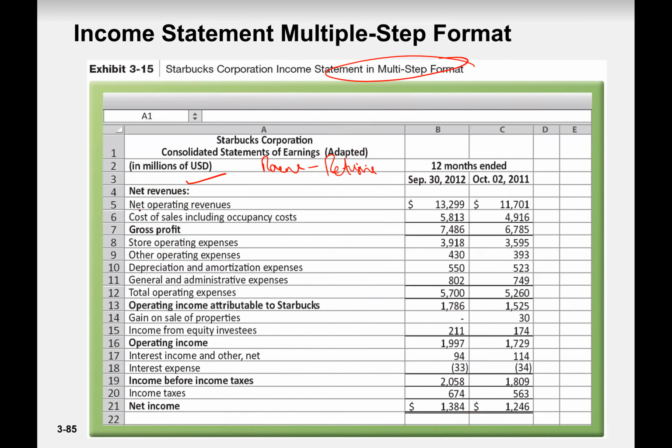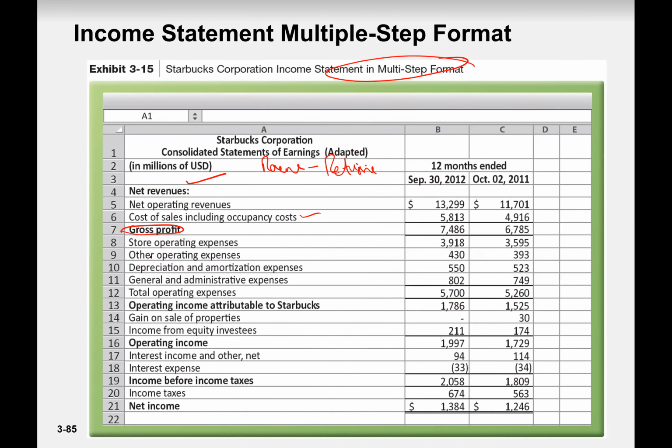Net revenue minus the cost of goods sold, and then we call this gross profit, gross margin as well.